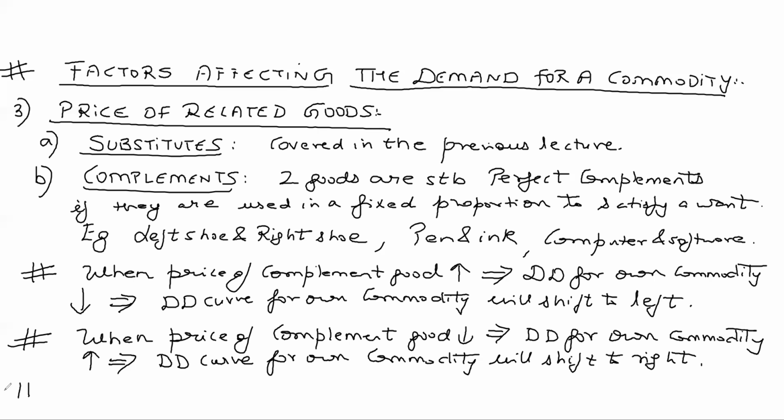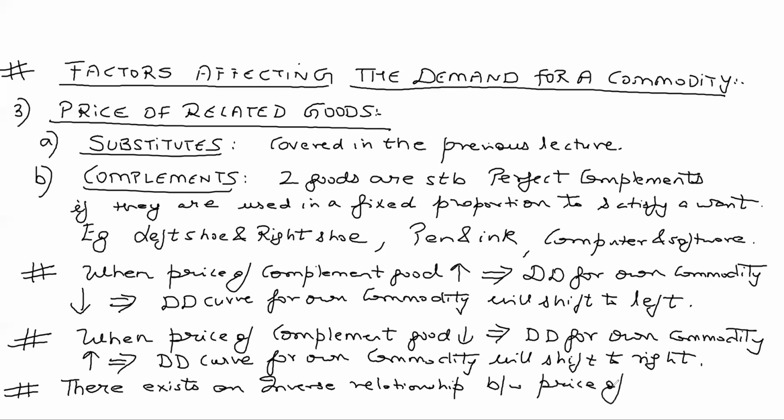So what do we observe? There exists an inverse relationship between the price of the complement good and the demand for the own commodity.